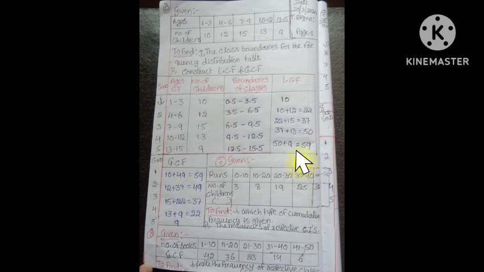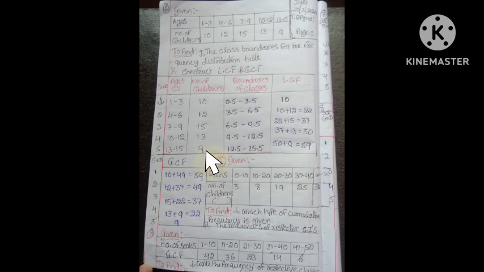In this problem LCF is over. Next, GCF, the greater than cumulative frequency. You already know the process; this is revision. Add the frequencies upwards from the last class to the specified class.